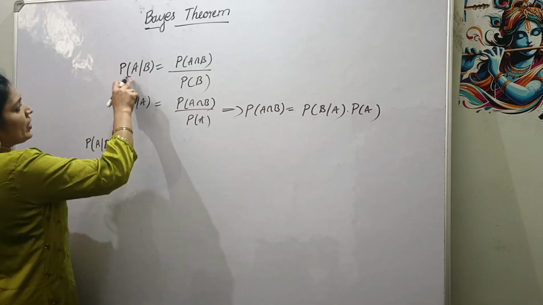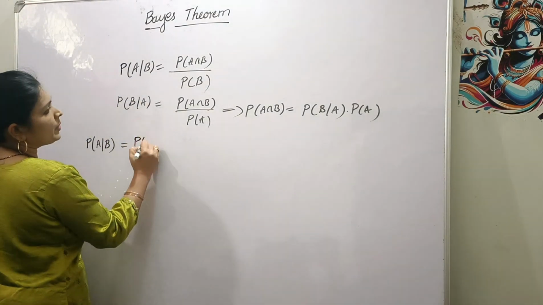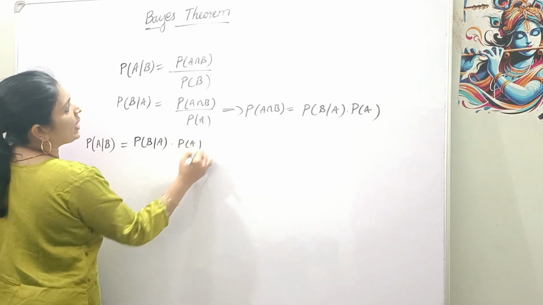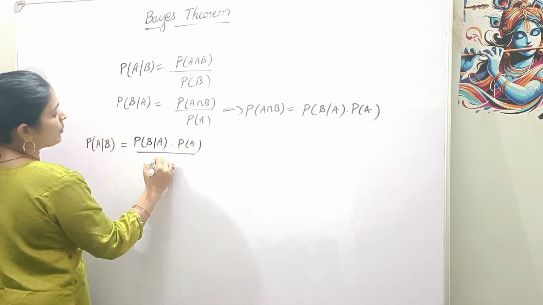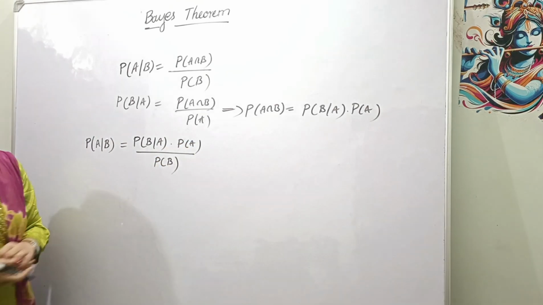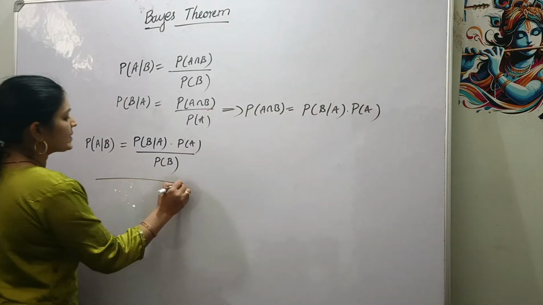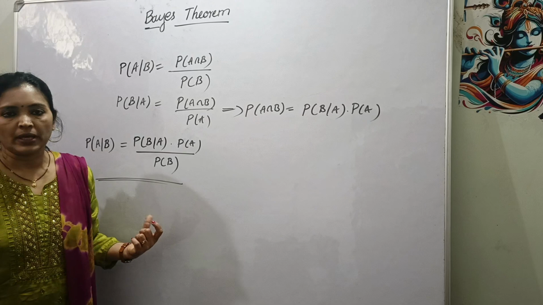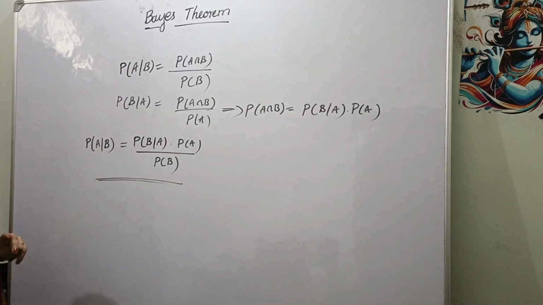We get probability of A given B is equal to probability of B given A into probability of A divided by probability of B. So it is called Bayes theorem. This is the formula for Bayes theorem. Now let's go through an example.